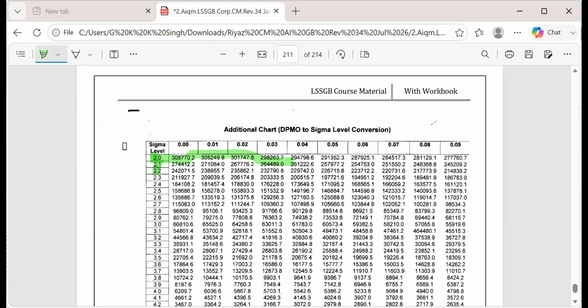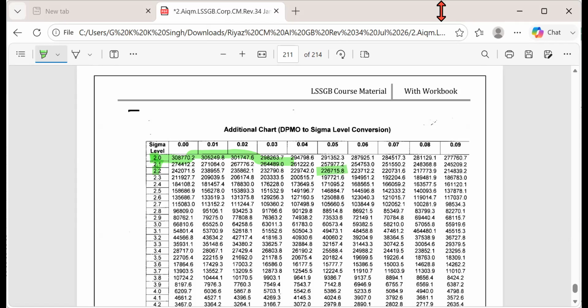Can you tell me DPMO for sigma level 2.25? This is 2.2 and this one here is 2.25. 226,715. Yes.